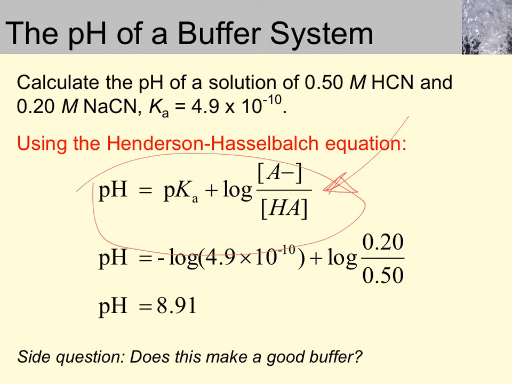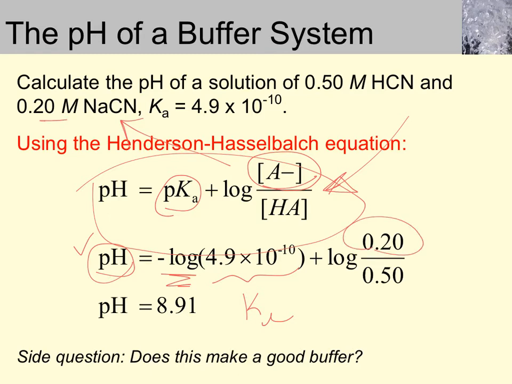All right, so plugging in, we're trying to solve for pH. We know that p of anything means minus log, right? So minus log of Ka, which was given to us, plus log of the concentration of the conjugate base, that would be the sodium cyanide, that was given as 0.2 molar, divided by concentration of the weak acid, which is HCN, 0.5 molar.